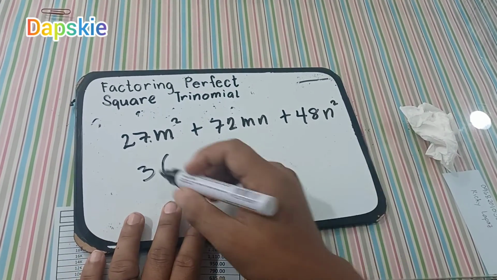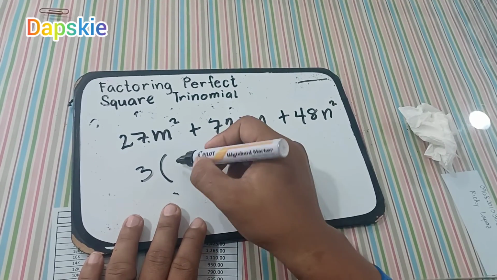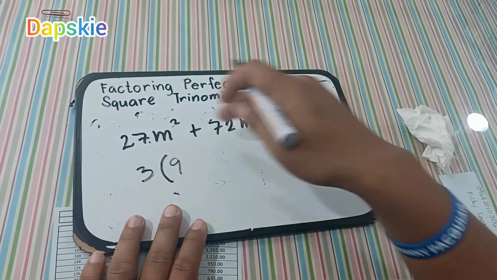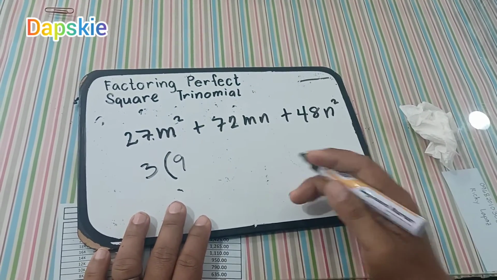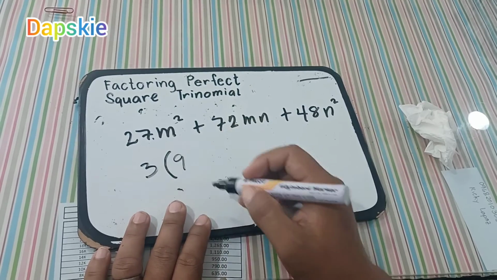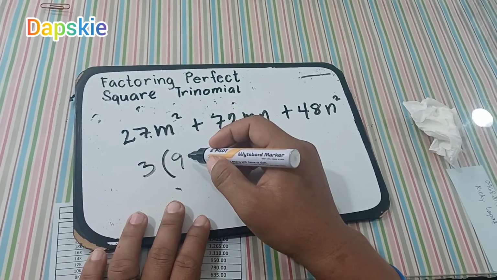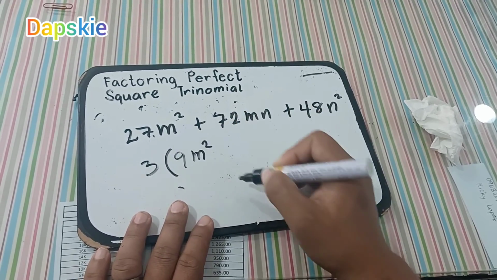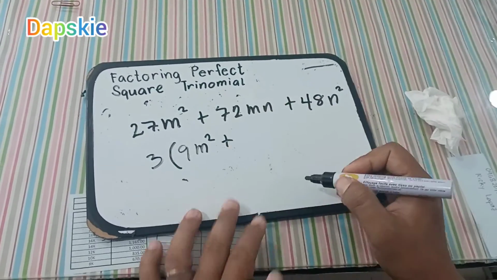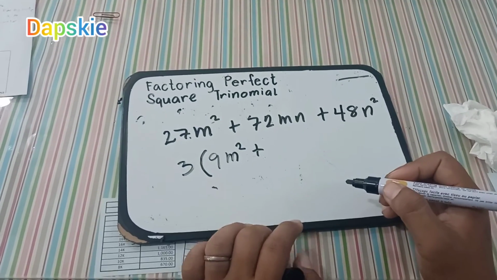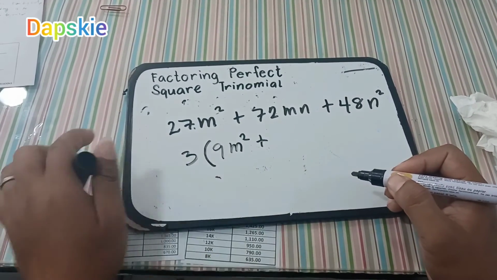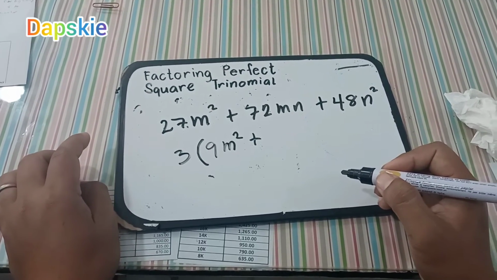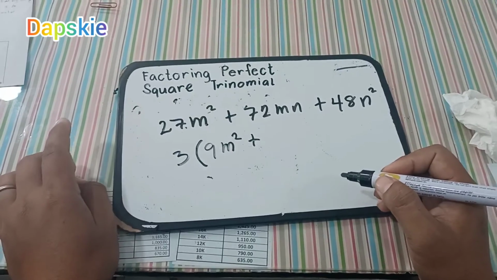So, 27 divided by 3 is 9. Since there is no common variable among the three terms, we only put 3. So, 27 divided by 3 is 9. Since 3 has no variable, we just copy the m squared. Plus, 72 divided by 3, that is 24.